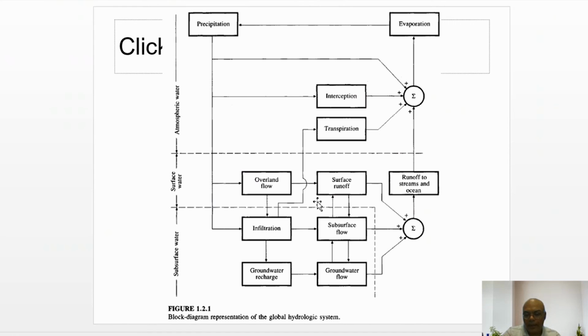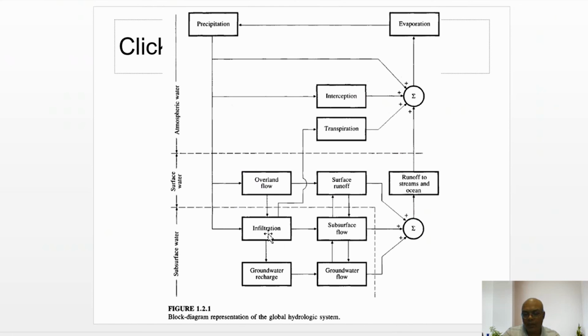So we can see that all these subcomponents are part of the hydrological cycle and they are well connected. You see that precipitation. When the precipitation occurs, part of the water is intercepted by vegetation, and the remaining water joins overland flow, and some part of this precipitation goes to infiltration. When the overland flow is taking place, some water seeps into the soil, that again becomes infiltration.